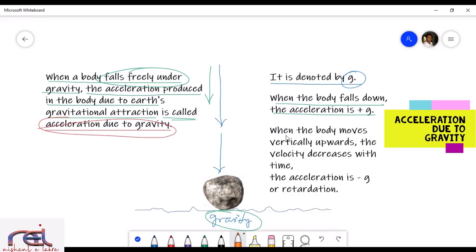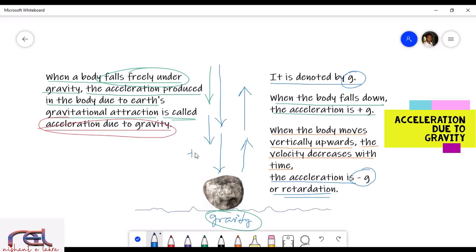Now when the body moves vertically upwards against the gravity, what happens? The velocity decreases, right? The velocity will decrease when it is moving away from the gravity, and so the velocity decreases with time, and the acceleration is denoted by minus g or negative g, which is termed as retardation.